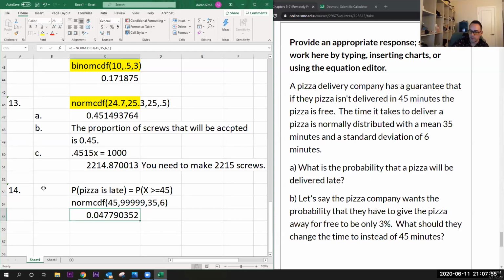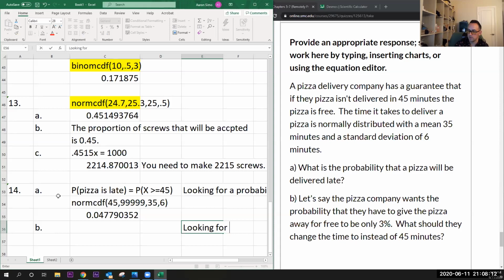You ready for part B or what? Yeah. For B, notice that on this one I'm looking for a probability, and on part B I'm looking for a value. When I'm looking for a probability, I use norm CDF. When I'm looking for a value, I use inverse norm.